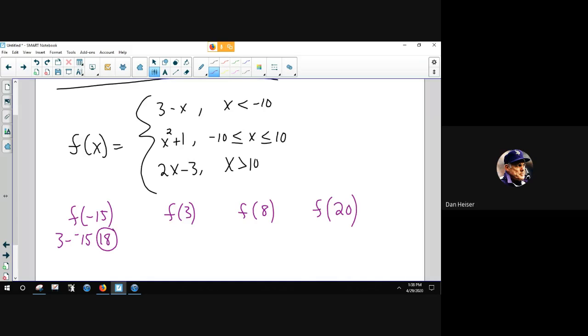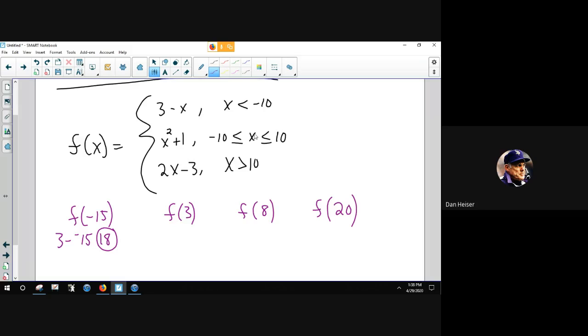And I get positive 18. F of negative 15 is positive 18. F of 3. Is 3 less than negative 10? Didn't think so. Is 3 between negative 10 and positive 10? Yes, it is. So now I use this.